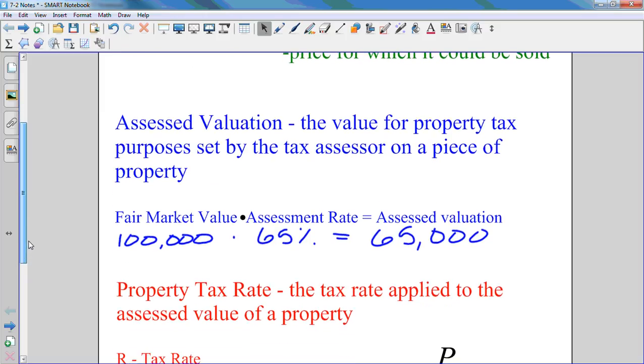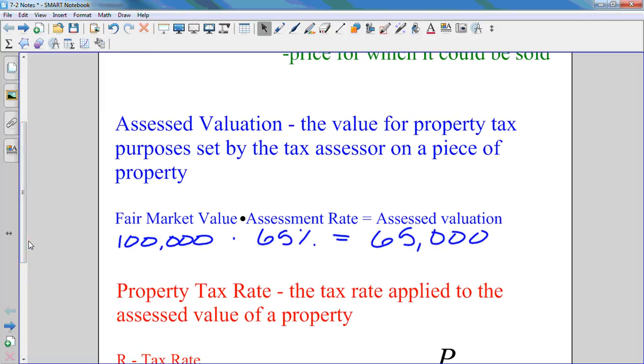Now what does that mean? Well, suppose I own a house and the fair market value of my house is $100,000. The appraiser says your house, if you were to sell it today, you should probably get $100,000 for your house. When I pay taxes, I don't have to pay taxes on that entire $100,000.